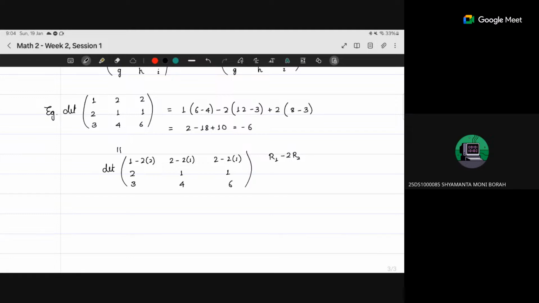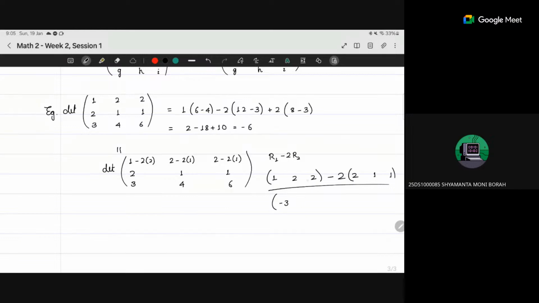Addition and subtraction are the same. It's just a negative operation of that. So if I do R1 minus 2 R2, originally my row 1 was 1, 2, 2. And I took 2 times the second row, that is 2, 1, 1. And this thing is my new first row. And that would be what?